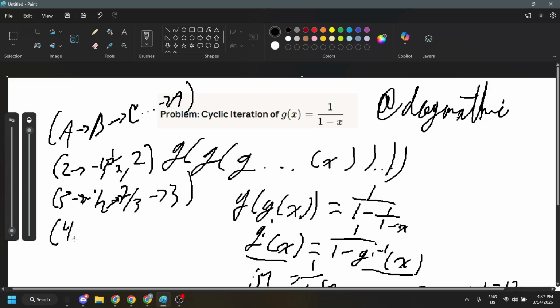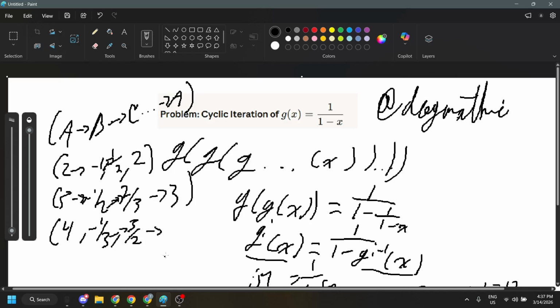Let's try another one. 4. 1 over 1 minus 4 is negative 1/3. Oh, we see. And then negative 1/3 would be 3/2.